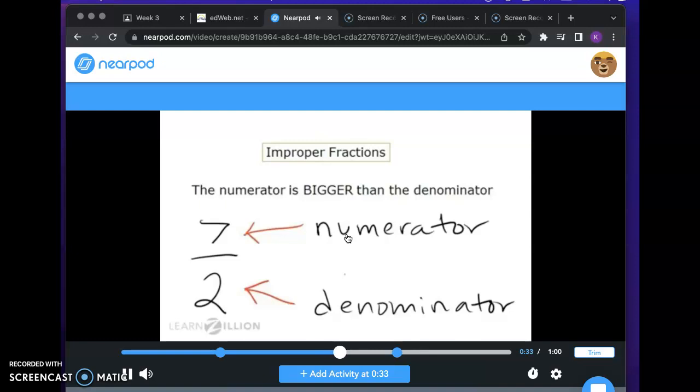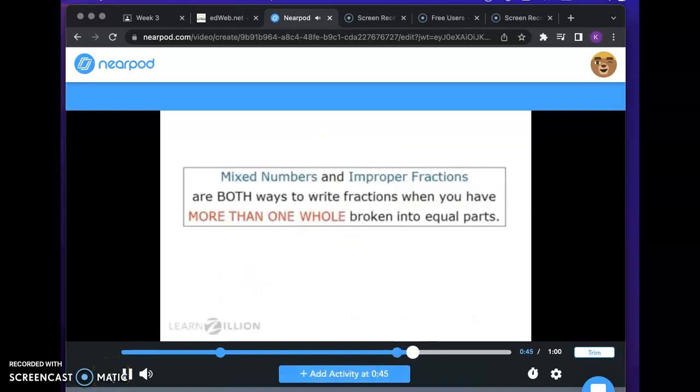The numerator is larger than the denominator, and the numerator is the number of parts we are thinking about, and the denominator is the total number of parts in each whole. Mixed numbers and improper fractions are both ways to write fractions when we have more than one whole broken into equal parts. Because they can both be used to do or show the same thing, mixed numbers and improper fractions can equal one another.